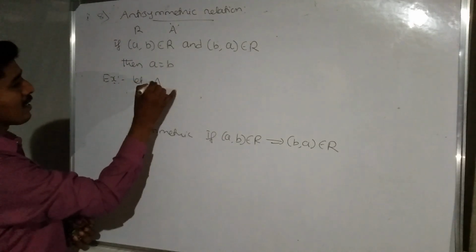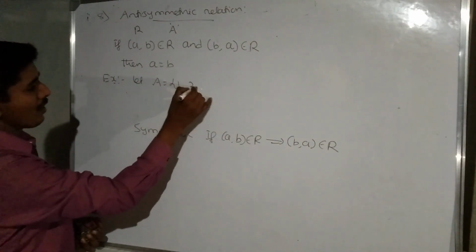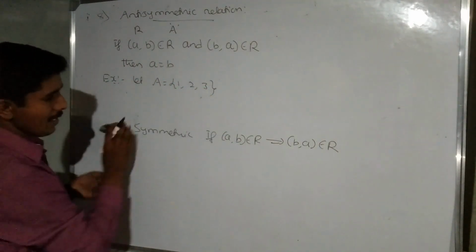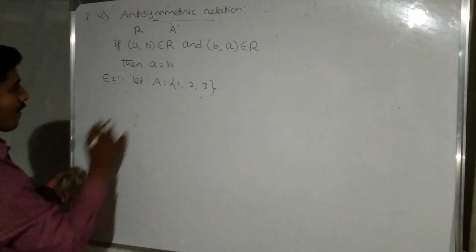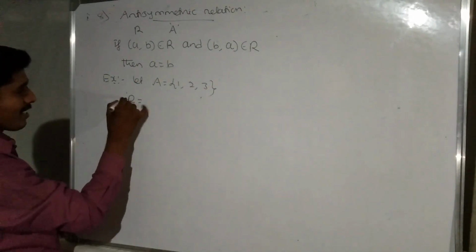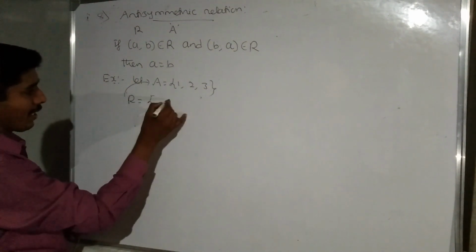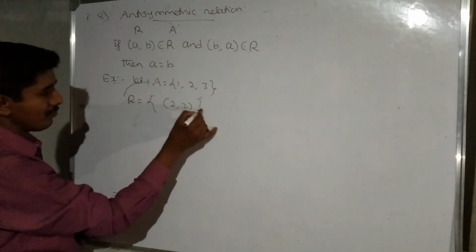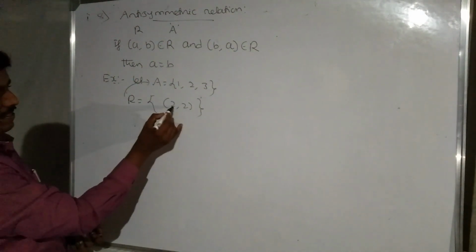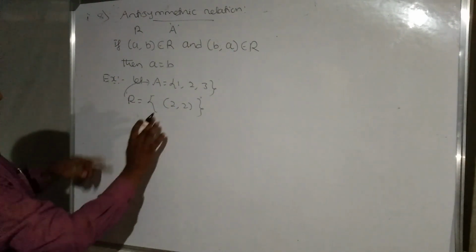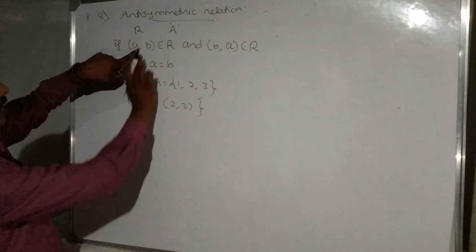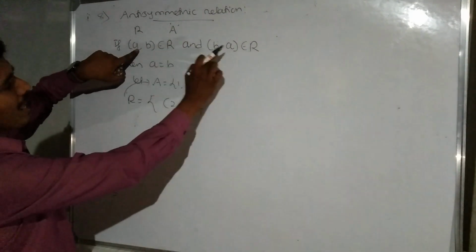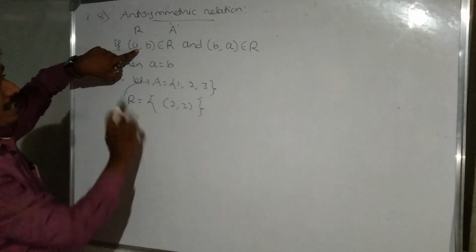let set A equal {1, 2, 3}. A simple example I am taking. R is a relation defined on the non-empty set A, taking (2, 2). Here observe that in this ordered pair the first element equals the second element. By the antisymmetric definition: if (a, b) belongs to the relation and (b, a) belongs to the relation, then a equals b.